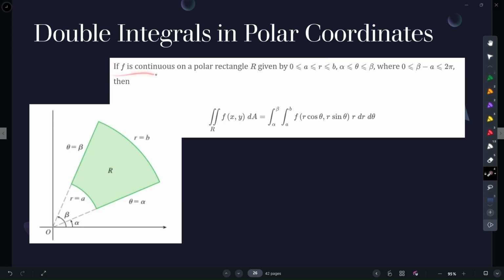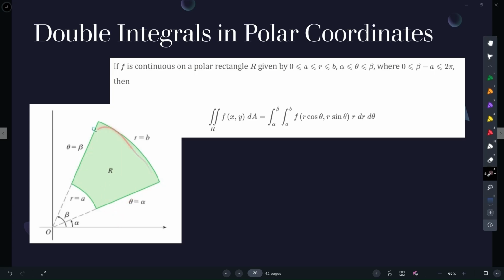If we have a function that is continuous on a polar rectangle R, so a polar rectangle is a rectangle such that the radius is between A and B, and theta is between alpha and beta, which is what's happening here. The radius is between radius A and radius B. The angle is between alpha and beta.